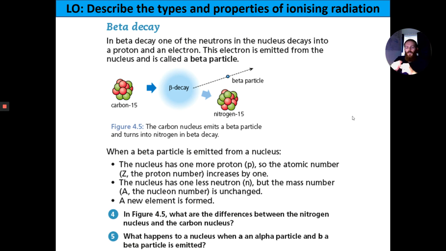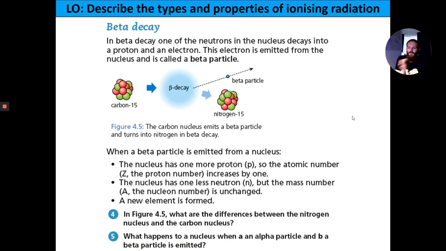What's interesting is, though, it doesn't just eject both of those two things. It keeps that proton, but ejects the electron. So if you think about that in terms of atomic number and atomic mass, it started off with a certain number of neutrons and protons, and then the neutron decided, you know what, I'm going to be a proton instead and an electron. I'm going to turn into those two things. So the mass number stays the same because it's gone from a neutron into a proton and electron.